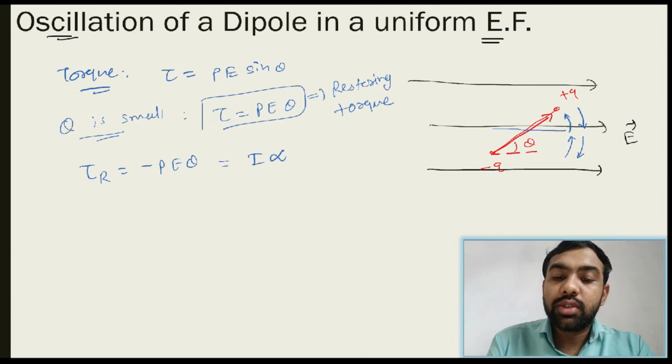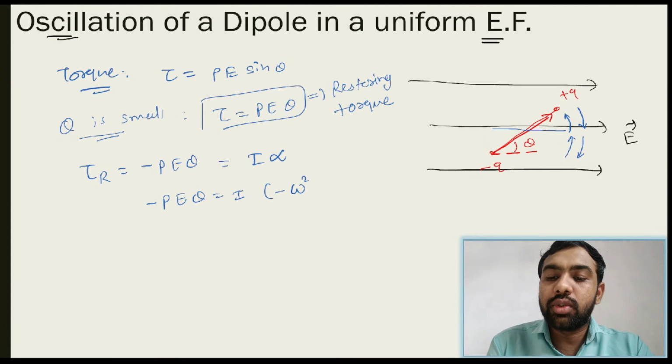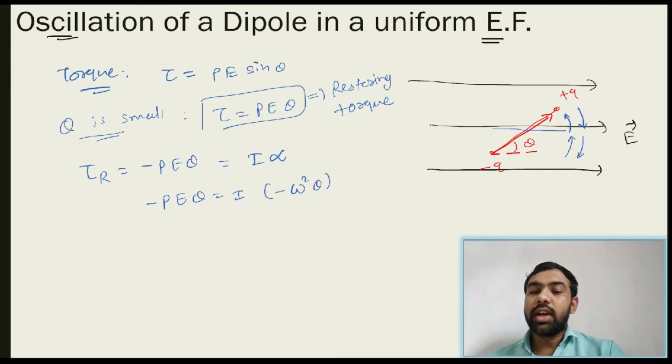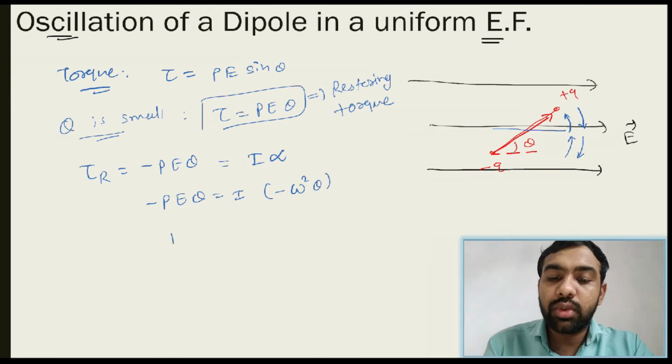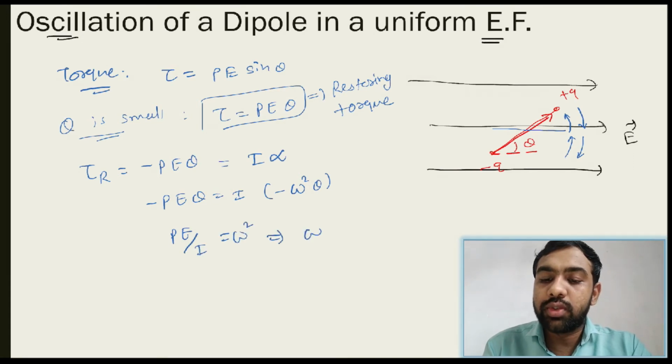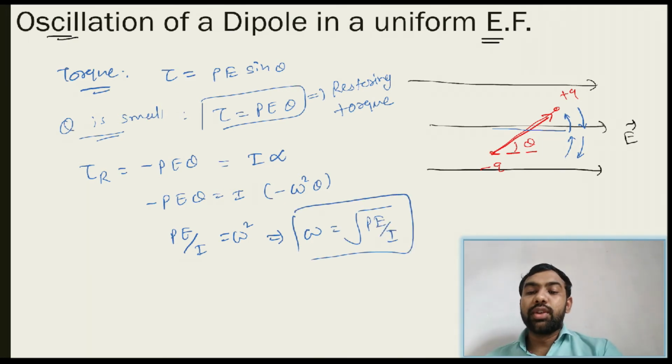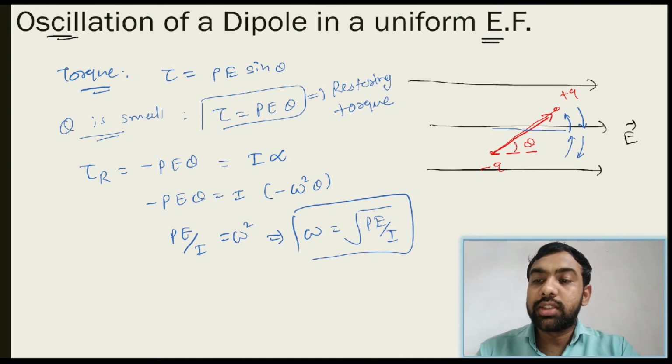So minus pE theta is equal to I alpha, which is equal to minus I omega square theta. So theta cancels out, minus cancels out. So pE upon I is equal to omega square. From this, omega is equal to root of pE upon I. That is the angular frequency of a dipole in the external field.